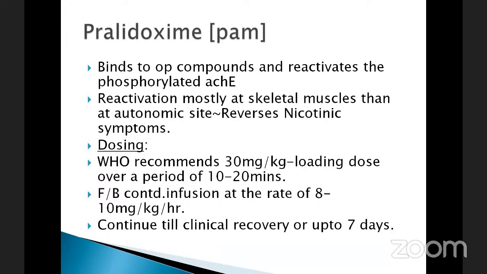So what type of MLC? It is MLC, no? It is suicide. Okay, the majority of people will take alcohol with poisonings, right? Yes, sir.